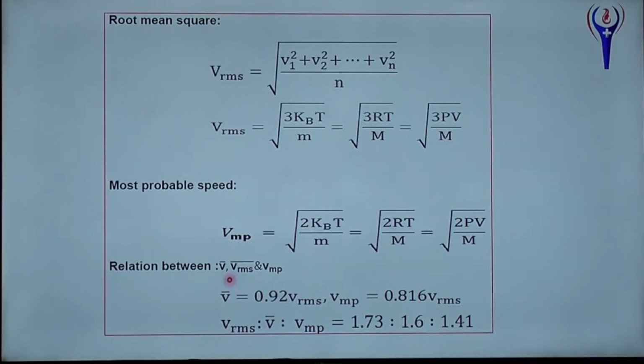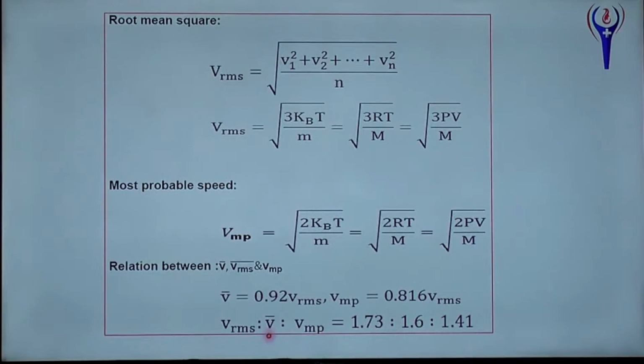Relation between average speed, VRMS, root mean square speed, and VMP, most probable speed. V bar equals 0.92 times VRMS and V most probable equals 0.816 times VRMS.